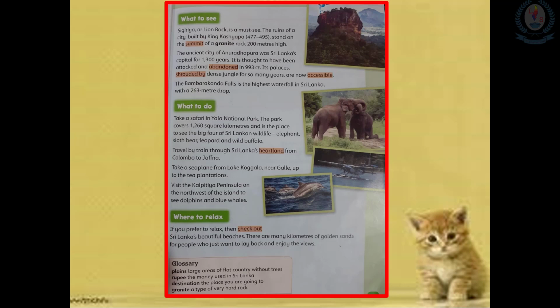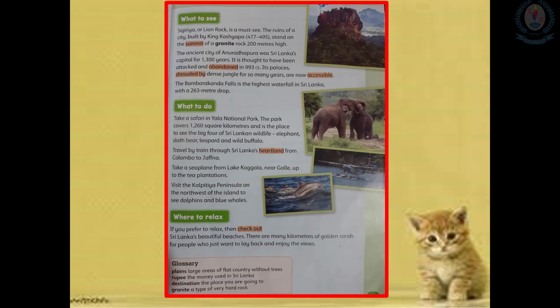Because there are so many ruins and we can proudly show the history of Sri Lanka from Anuradhapura city. And also the Bambarakanda Fall is a very important and beautiful place because it is the highest waterfall in Sri Lanka. The height of the waterfall is 263 meters.